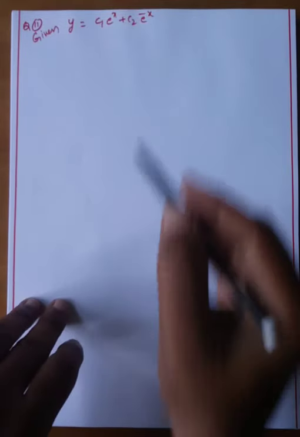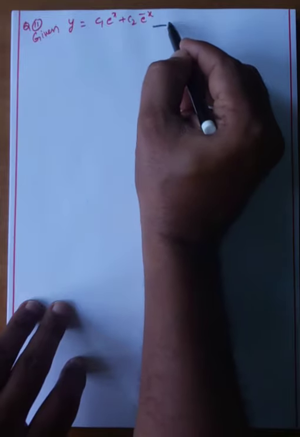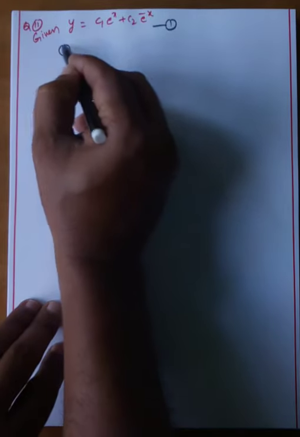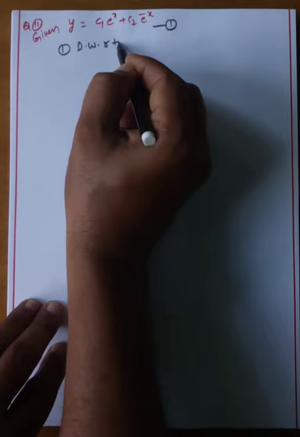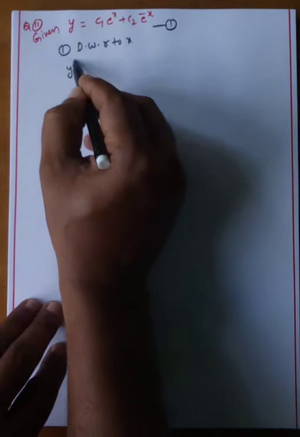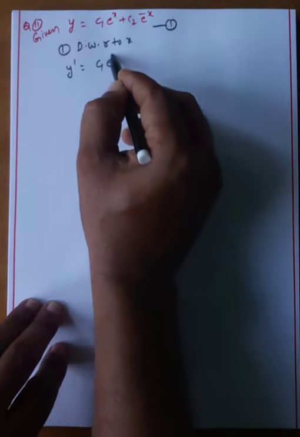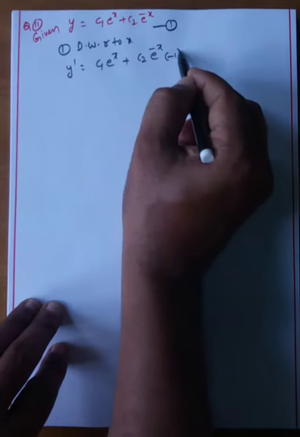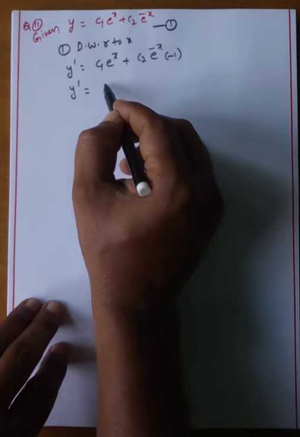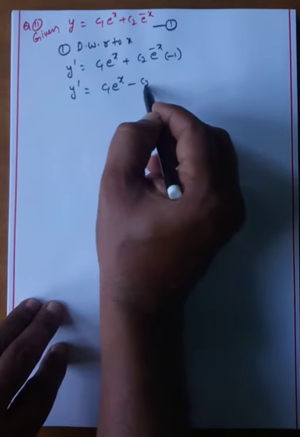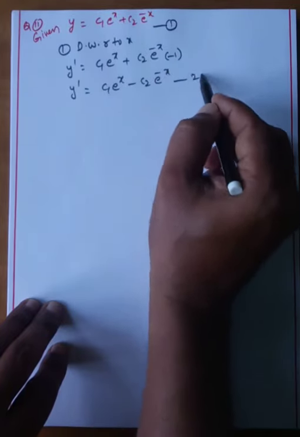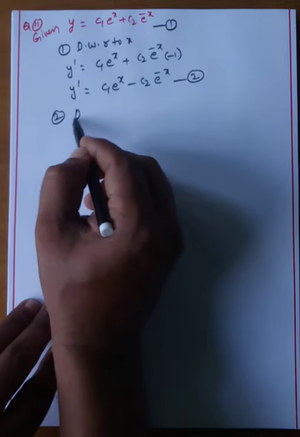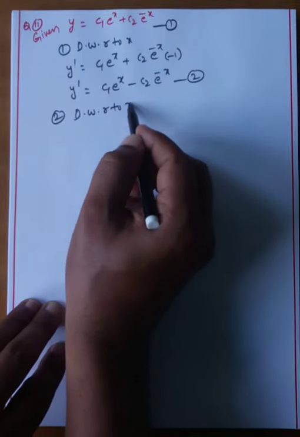Now differentiate. Here C1, C2 are the arbitrary constants. This is equation number 1. Differentiate 1 with respect to x, my dear students. Y dash is equal to C1 into e power x plus C2 into e power minus x into minus 1, so y dash is equal to C1 e power x minus C2 e power minus x. This is equation number 2. Differentiate 2 with respect to x.